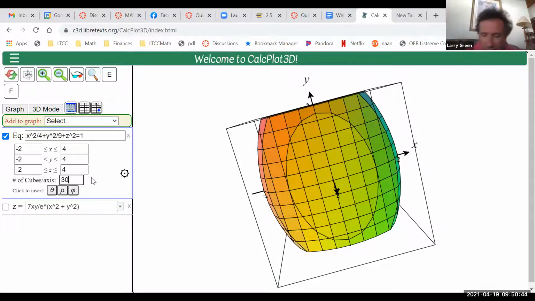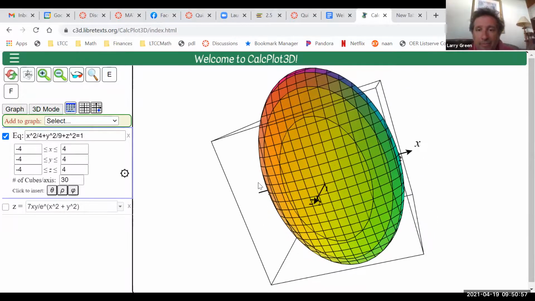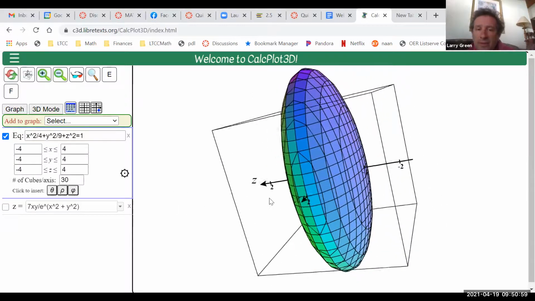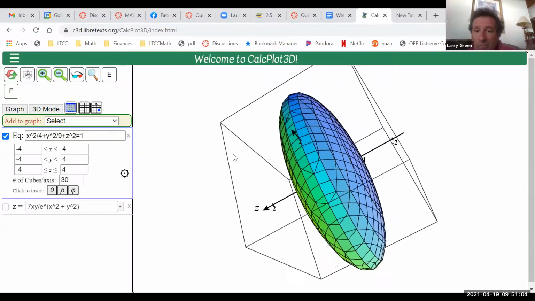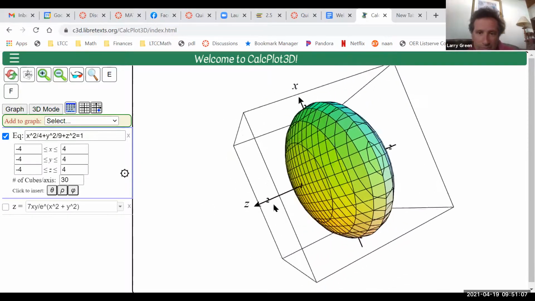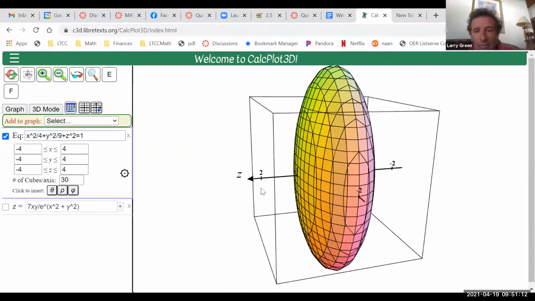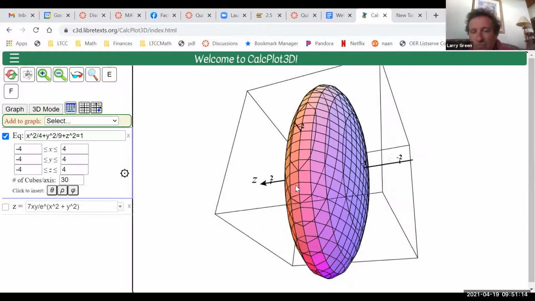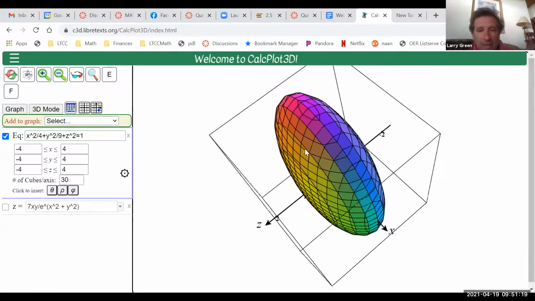Make it a little prettier. Okay. And what does this kind of look like? It kind of looks like a discus in a way. A little bit. Okay. They come up in different places. So ellipsoids definitely could come up.